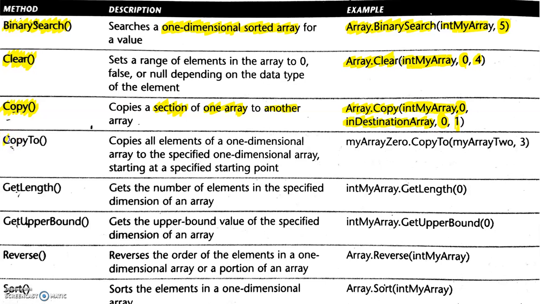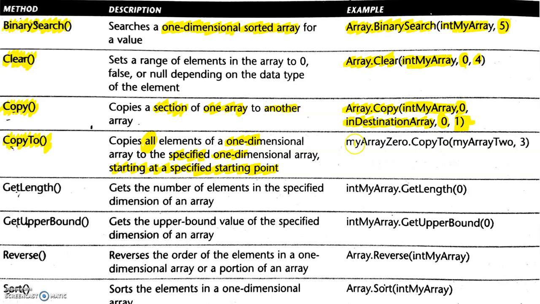Then we have the copy to method. This copies all the elements of a one-dimensional array to the specified 1D array, starting at a specified starting point, right? In the copy method we give the length, but in the copy to method it will copy all the elements.